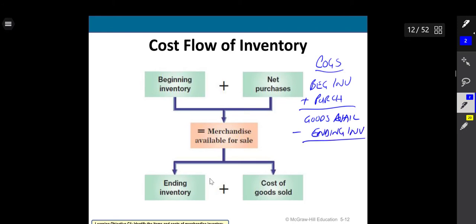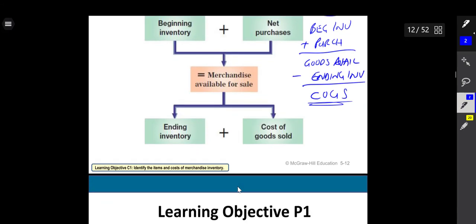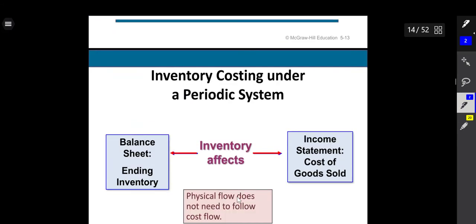And that gives us cost of goods sold, okay? So if you look at this slide, you can think of it in two ways. You can see this as an equation where these equal each other, or you can think about this as a template for this calculation. And quite honestly, we're going to use this calculation a lot, and I would highly recommend that you become very familiar with it.